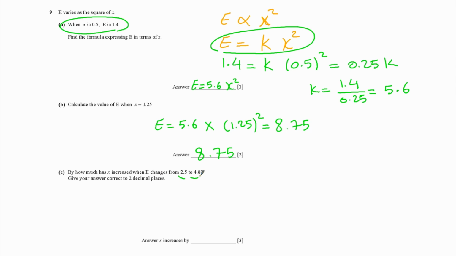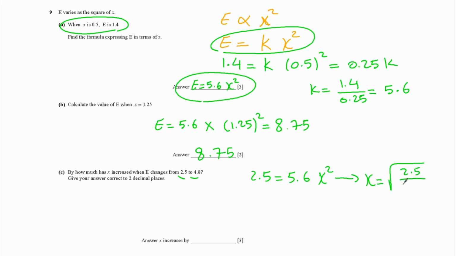So if I put e as 2.5, equals, based on that formula, I am still using the formula here because everything is based on that formula, 5.6 times x squared. So I can find out from here that if I divide both sides by 5.6 and square root it, x would be equal to the square root of 2.5 divided by 5.6.